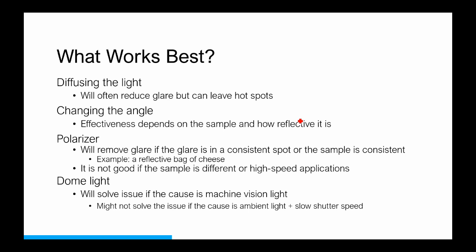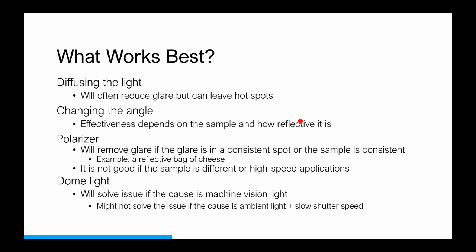And then a dome light will solve the problem. It creates that bright field light, but it does flatten the image. So if you're trying to see height changes, it's not really going to work for that. And it does have a little bit more restrictions on the light working distance where the light needs to be placed. So it sometimes doesn't always work in every machine.